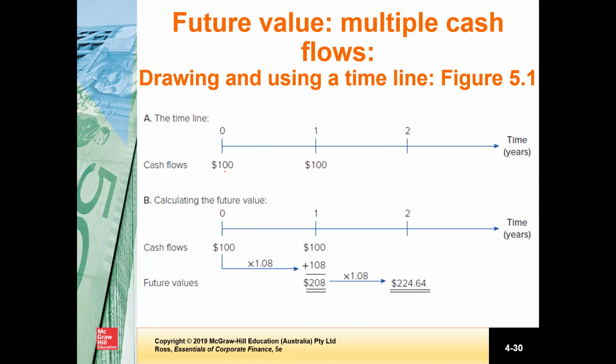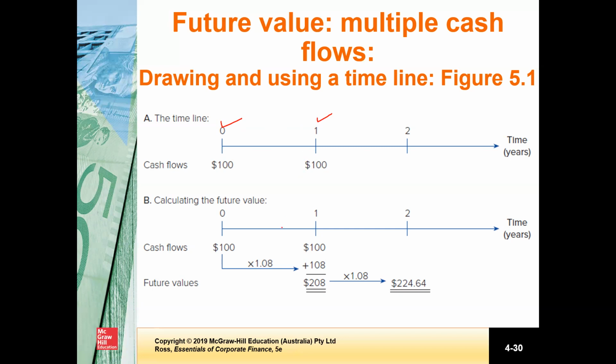So the first cash flow occurs today, which is indicated by 0, right? Now we therefore put $100 at time 0. The second cash flow occurs 1 year from today. So you can see we write it down after 1.